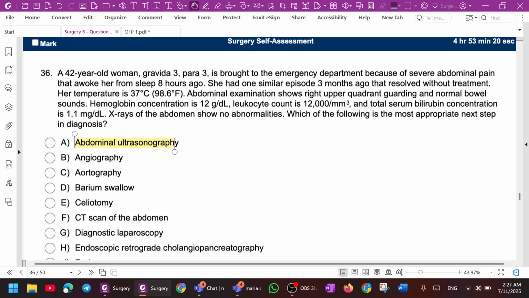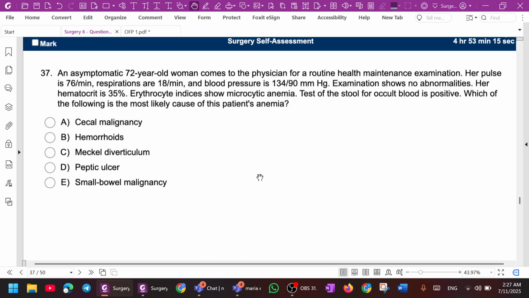Okay. Next. Yes. An asymptomatic 72-year-old woman comes to the physician for a routine health maintenance examination. Her pulse is 76 per minute, respiration is 18 per minute, and blood pressure is 134/90 mm Hg.